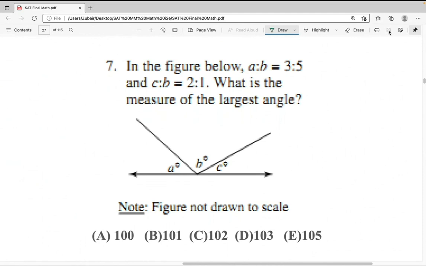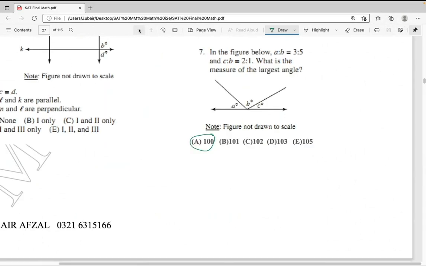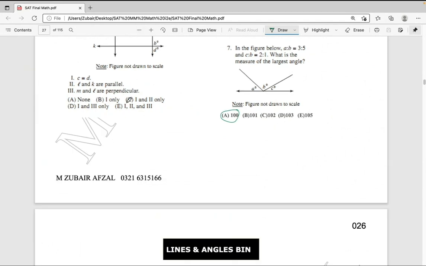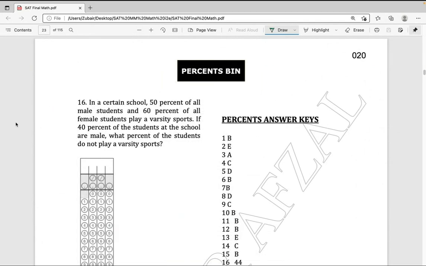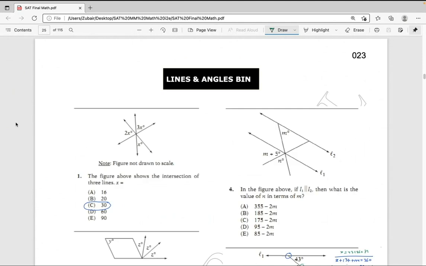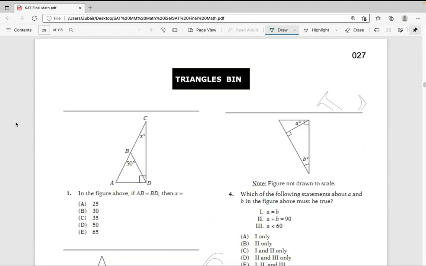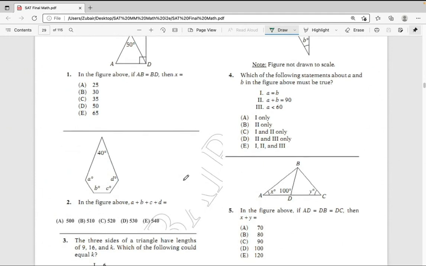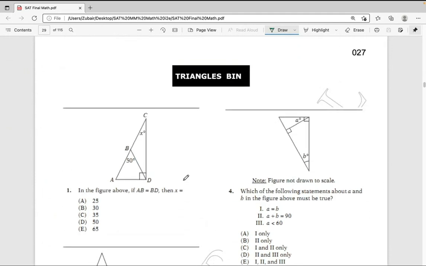Question number 7 is A. Yep, 100. Both of you are getting the same answer. Okay, I'll be sharing these two, which we just discussed, like percentages, lines and angles, and one more on triangles. At most, you would need that the sum of angles in a triangle is 180.